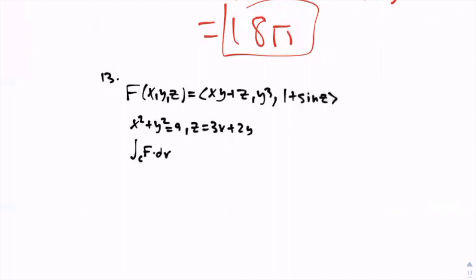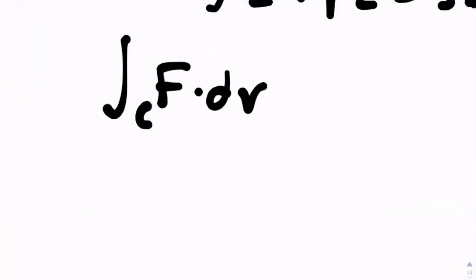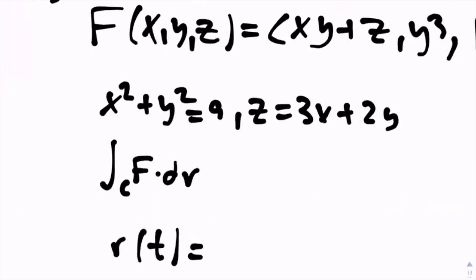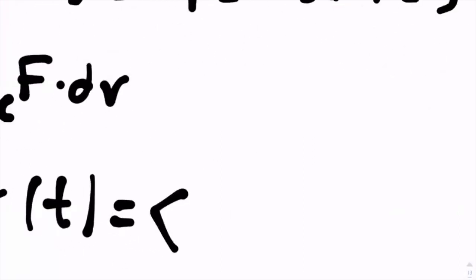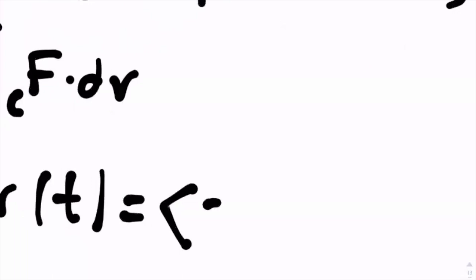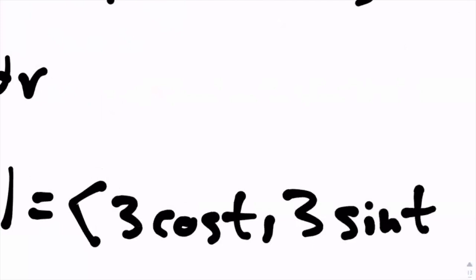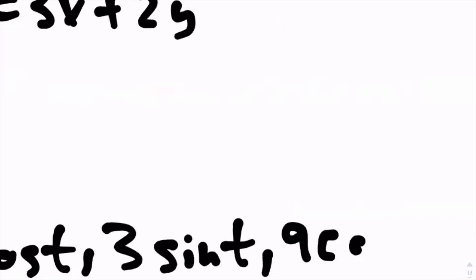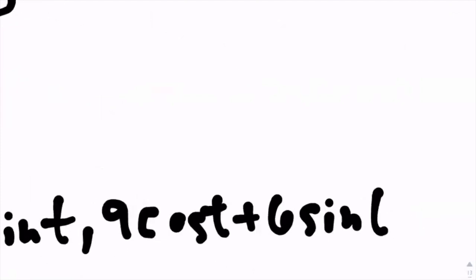The way we're going to go about doing this is by first finding our function r of t. Since C is bounded by the curves x squared plus y squared is equal to 9 and z is equal to 3x plus 2y, we can say that r of t is equal to 3 cosine t, 3 sine t, and 9 cosine t plus 6 sine t.